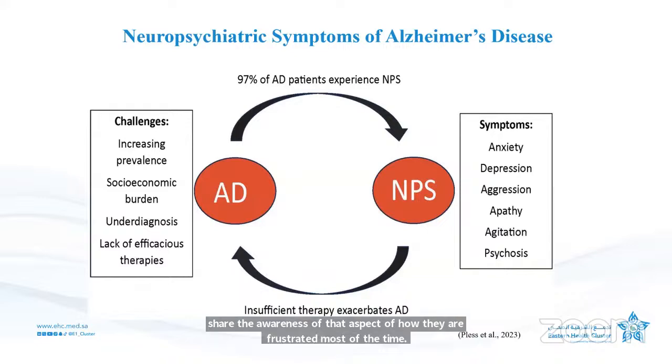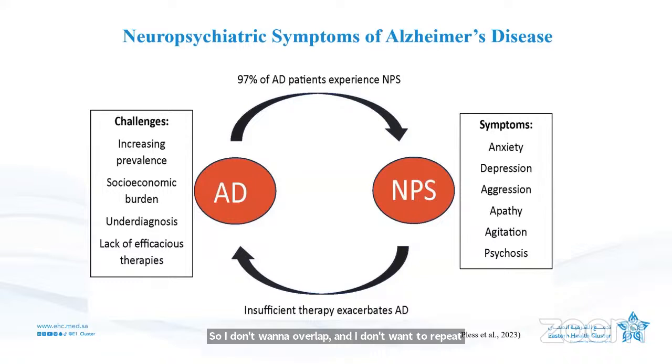So I don't want to overlap and I don't want to repeat what has been already said about symptoms, but I have to point out that 97% of Alzheimer patients experience neuropsychiatric symptoms. And these symptoms are, as Dr. Lubna mentioned, anxiety, depression, aggression, apathy, agitation, and psychosis.